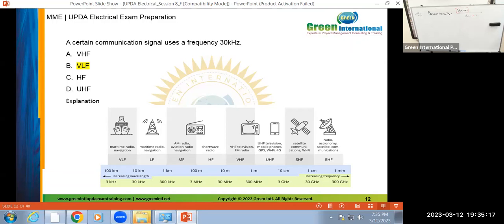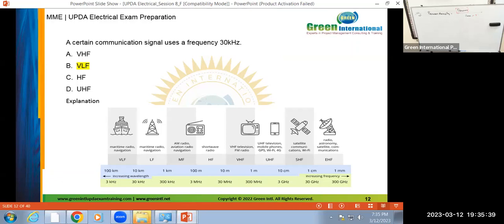In the green color they mention the frequency range, 3 kilohertz to 30 kilohertz, which is the range for VLF.